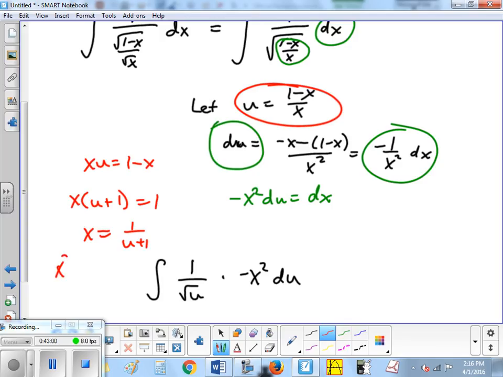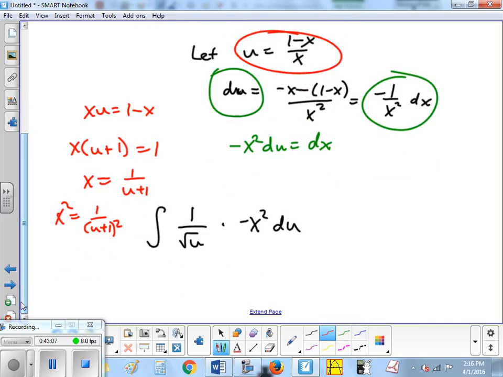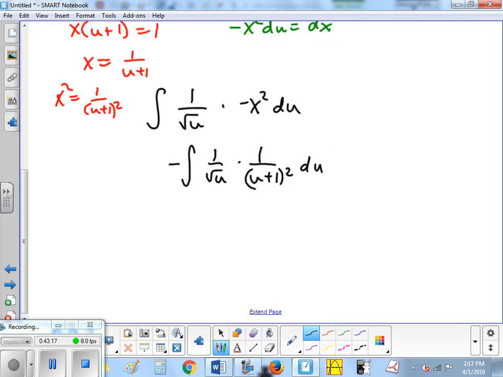Therefore, x squared would be 1 over u plus 1 squared. So this integral can be written as 1 over rad u, there's a negative, and this is just 1 over u plus 1 squared. And most people would agree that it looks like I've made a bigger mess of things.